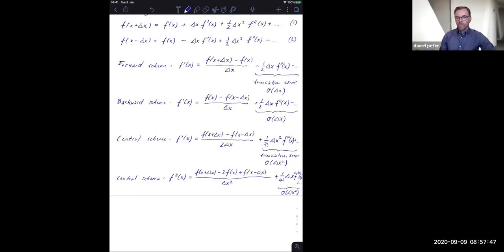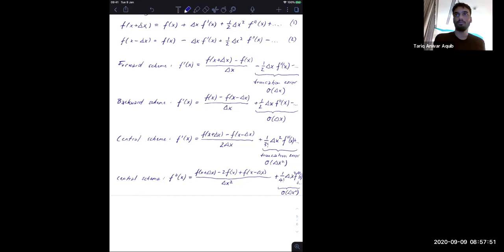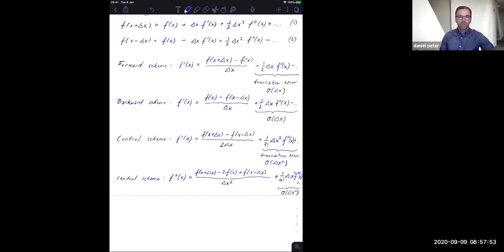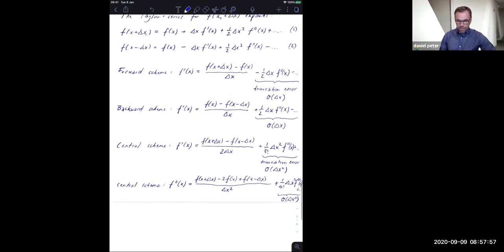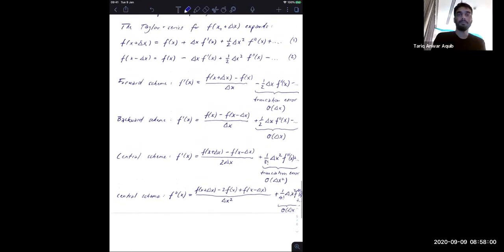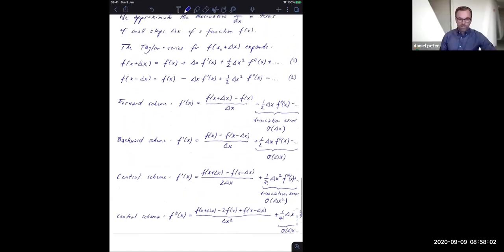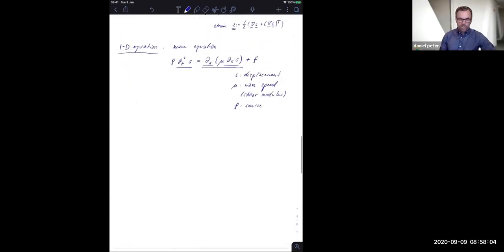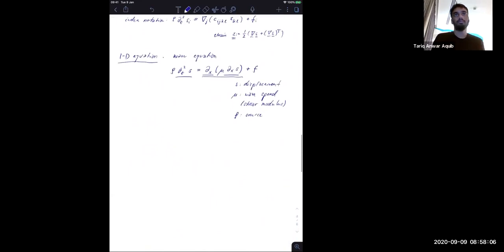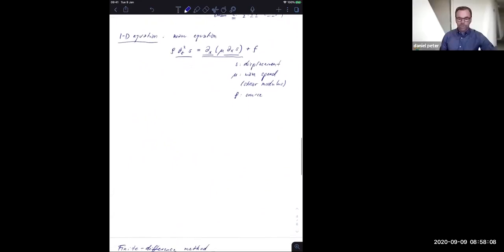So let's come to that in the next lecture. For now, I would say let's leave it here. We saw conservation of momentum or linear momentum, how it leads to the wave equation.